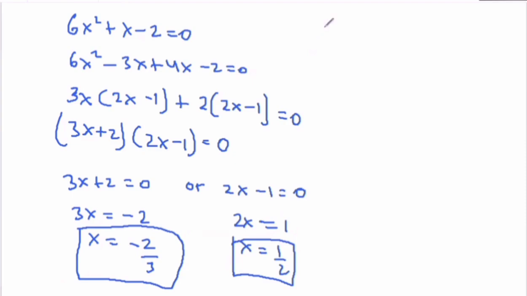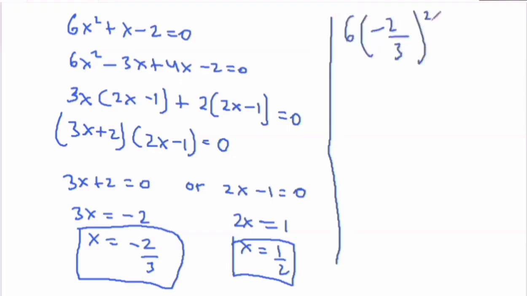If we want to check whether our answer is correct or not, from here, we put in minus 2 over 3. So 6 times minus 2 over 3 squared plus minus 2 over 3 minus 2.